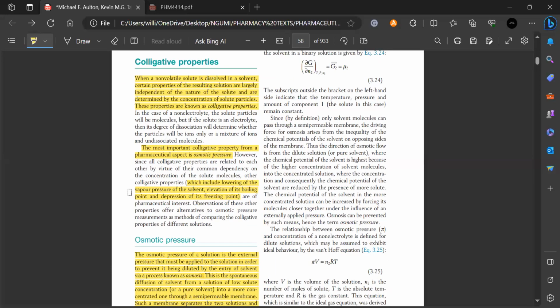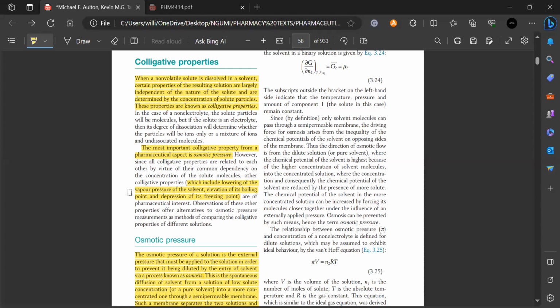So when a non-volatile solute is dissolved in a solvent, certain properties of the resulting solution are largely independent of the nature of the solute and are determined by the concentration of the solute particles. Let me repeat that. When a non-volatile solute is dissolved in a solvent, certain properties of the resulting solution are determined by the concentration of the solute particles.